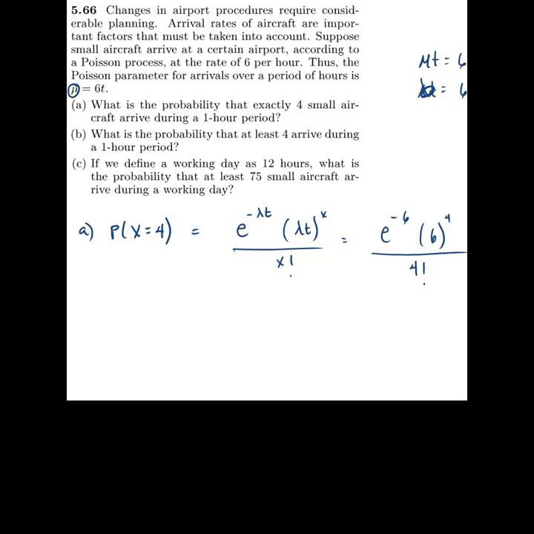Where did that mu t equals 6 come from? So yes, this is kind of confusing. Let me change lambda to mu.